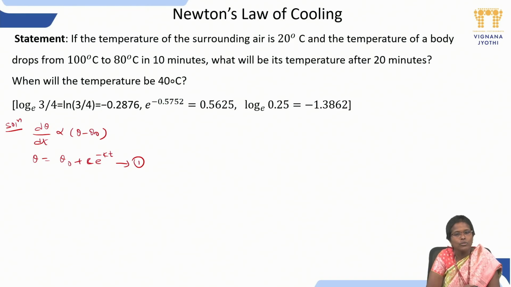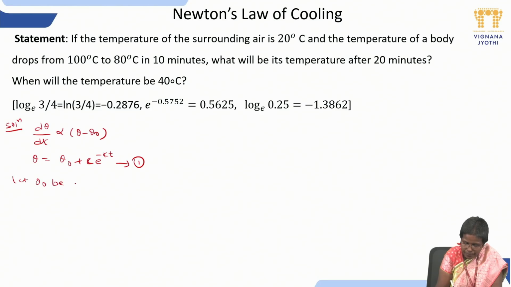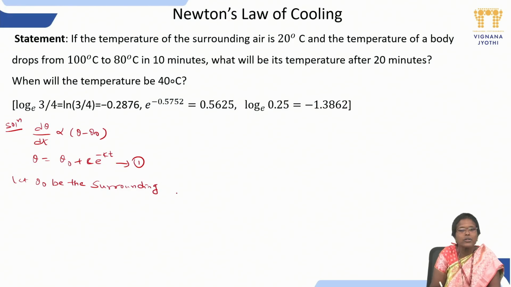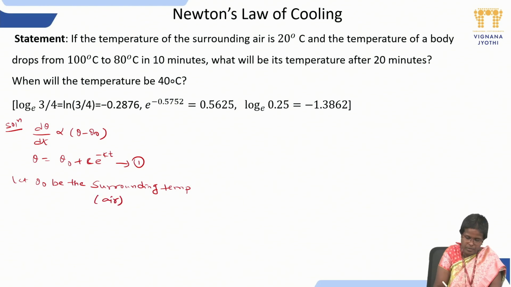Now, what is the given data? Let theta naught be the surrounding temperature, that is the air. Theta naught equals 20 degrees. Let theta denote the temperature of the body.